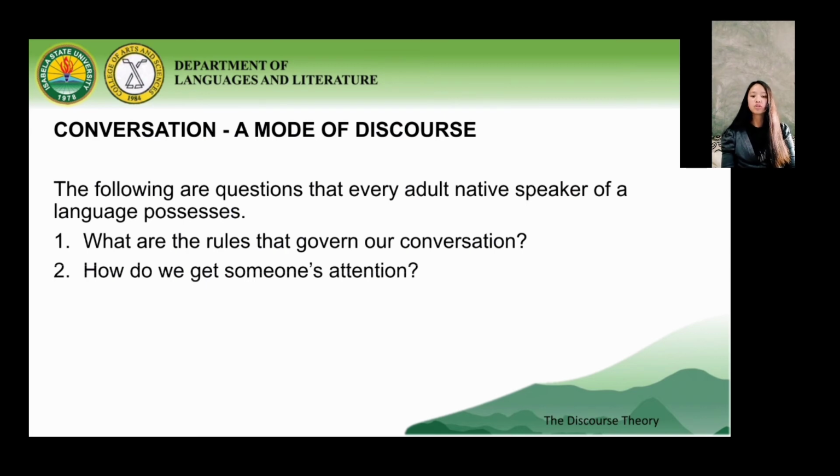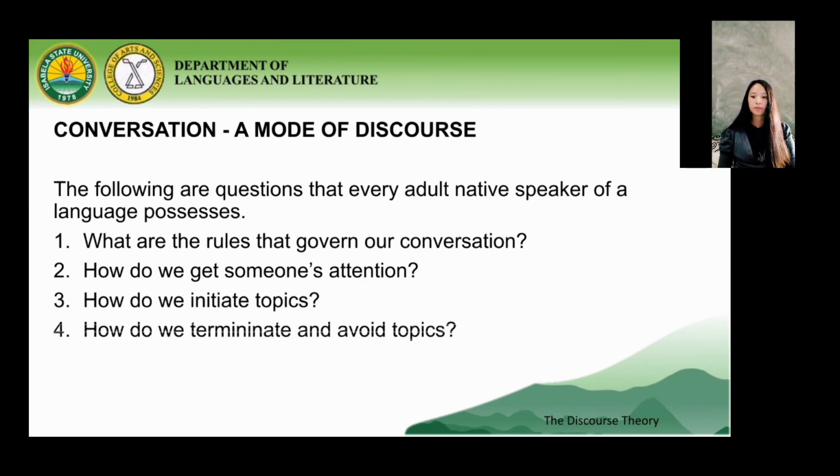Number 2, how do we get someone's attention? Number 3, how do we initiate topics? Number 4, how do we terminate and avoid topics? So foreign language curricula deal with these aspects of communicative competence.